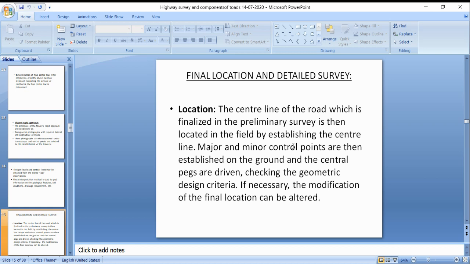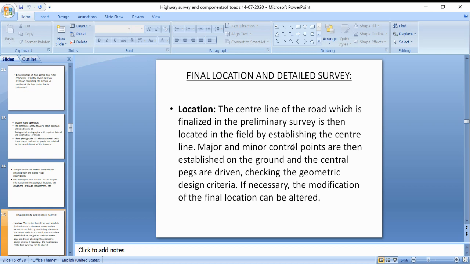How will we establish the center line in the field? On a road, we can see a white mark; that is the center line of that road. So that center line should be marked there. Major and minor control points are established on the ground, and the central pegs are given. By taking some benchmark, we find the levels itself.